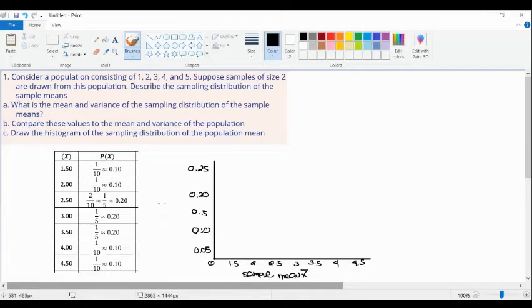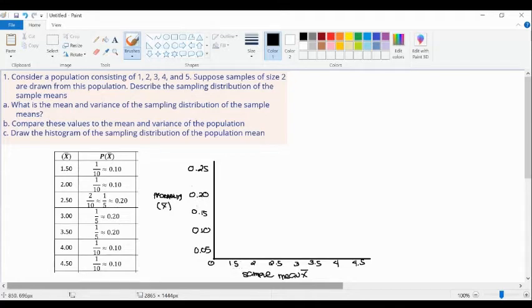For the y-axis, or your vertical axis, this will be your probability of the sample mean. So we have 0.05, 0.10, 0.15, 0.20, and 0.25.